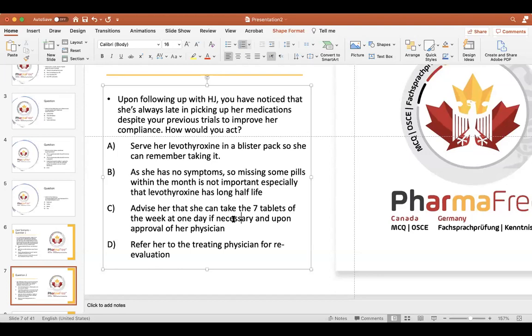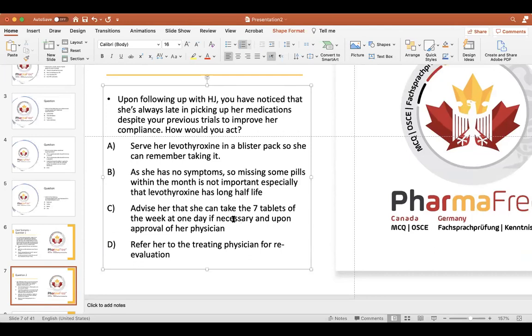So anyhow, you have tried so many times with her before to take her medication, and the problem is she's not compliant. If she's not compliant, you have a weekly dosing approach. You can try, but you have to take the approval from the physician. I would like to make that for this patient because she's not compliant and she's not taking any medication.